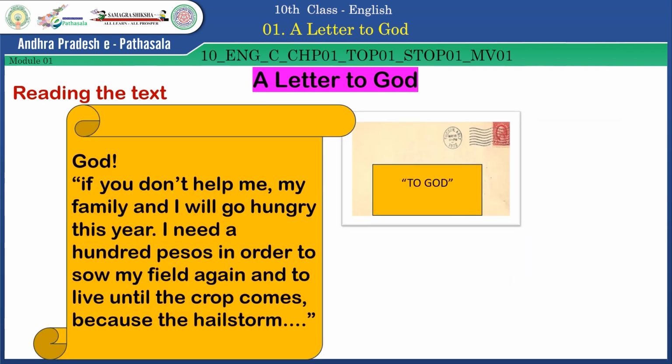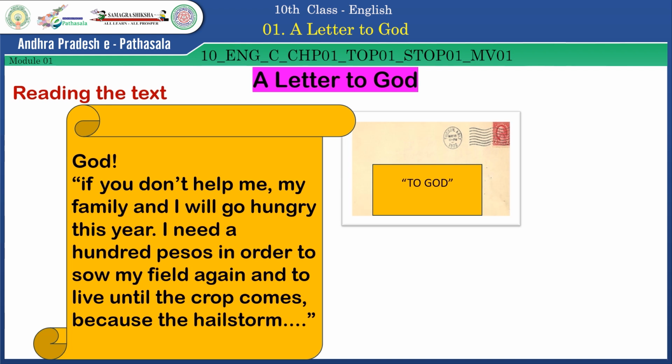Lencho's letter almost looked like this. God, if you don't help me, my family and I will go hungry this year. I need 100 pesos in order to sow my field again and to live until the crop comes.